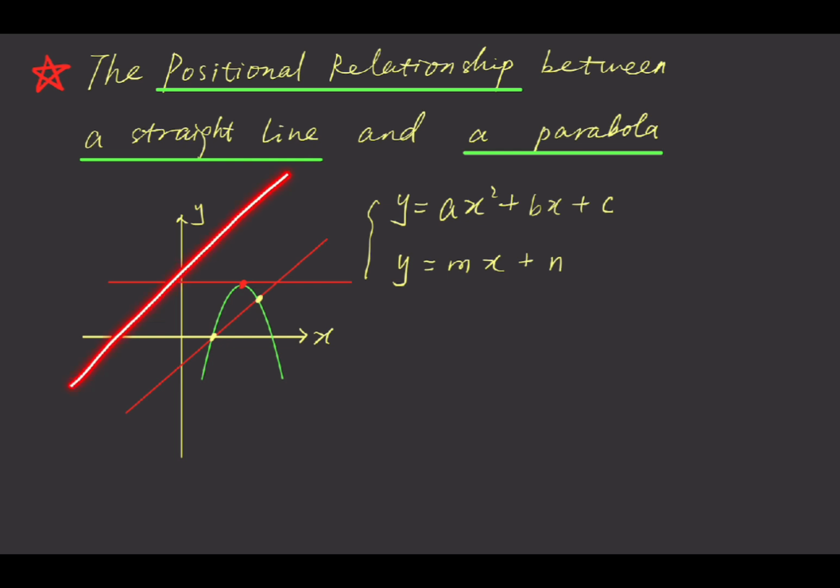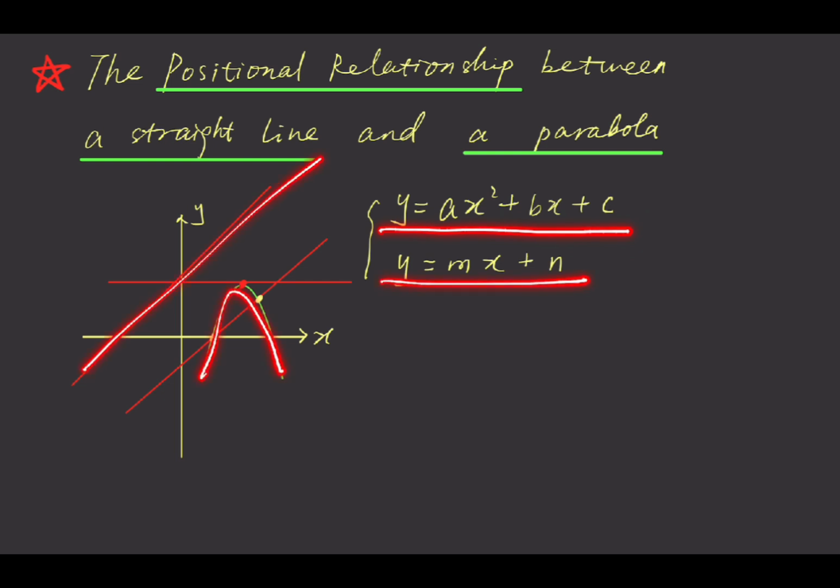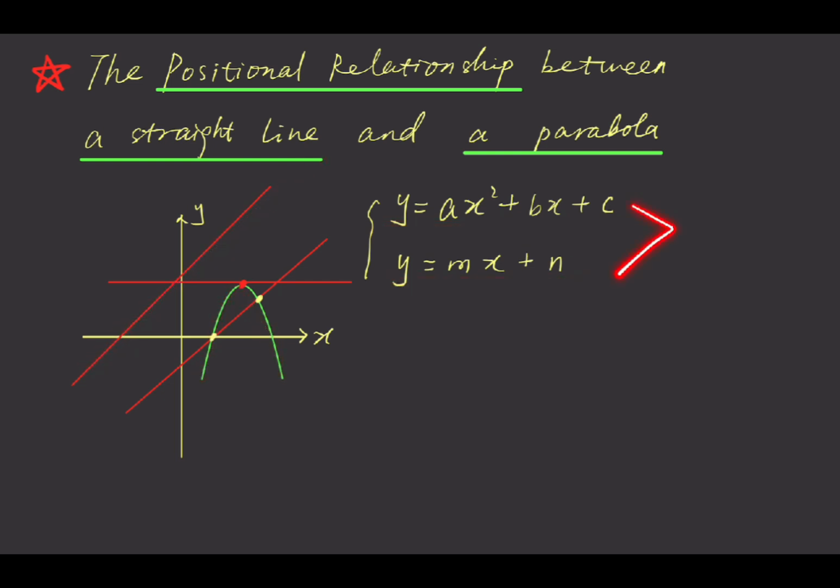If the straight line is here, the parabola is here, from the graph we can judge there is no POI between this parabola and the straight line. So this system of equations has no roots.